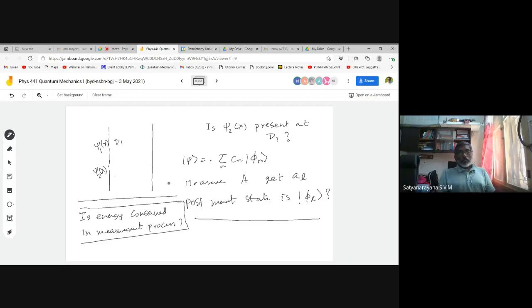Yeah. So the point is that it is not that it has a fixed value of energy, because if it is an energy eigenstate, then we can say it has a fixed value of energy. But otherwise, it may not have. It may be dispersed in energy also, and when you measure it, that dispersion changes. But also in a measurement process, we are interacting with some other system called the apparatus.